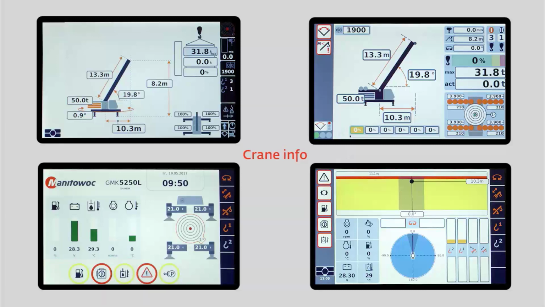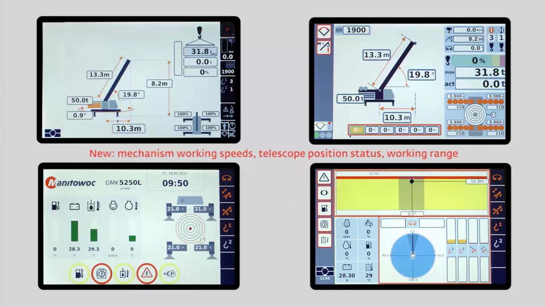Crane info such as battery voltage, fuel level, and engine RPM. And new with version 2 software is the display of current crane function speeds, current boom telescope position status, and current slewing working range.